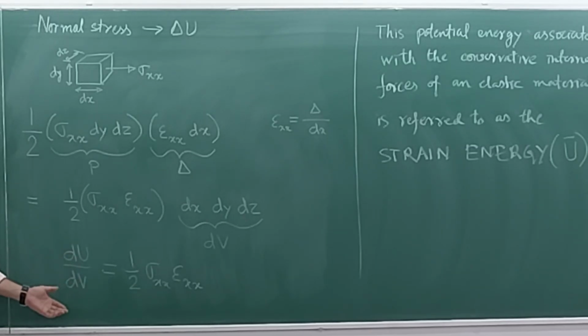So what is the unit? This is joules, and this is meter cube. So this is joules per meter cube, the change in internal energy per volume. This is what is referred to as the strain energy density.